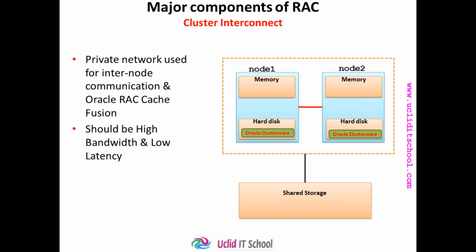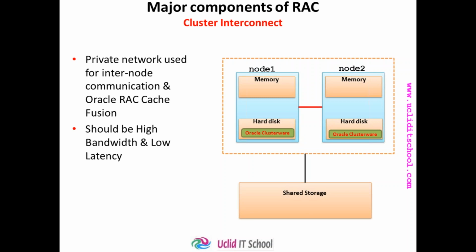So when you implement a RAC, RAC has some concept called cache fusion. For cache fusion, RAC also uses cluster interconnect. Cache fusion is nothing but simply a data block from one instance can be transferred to another instance over the interconnect.